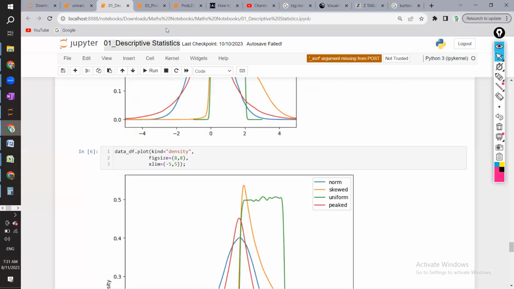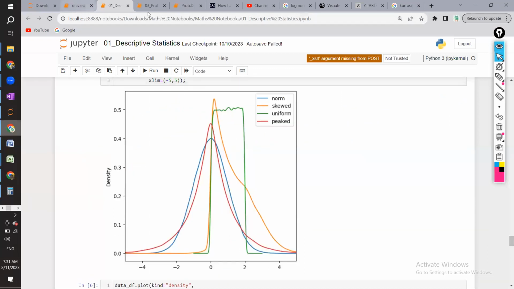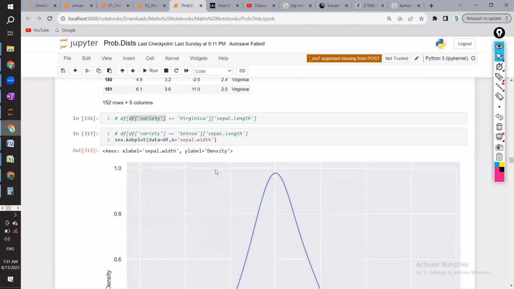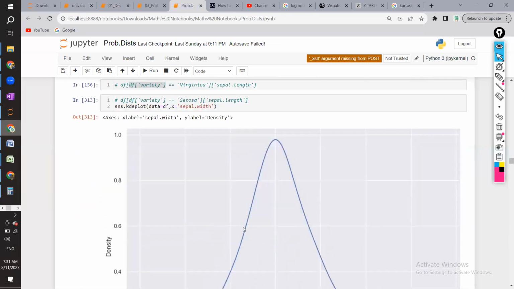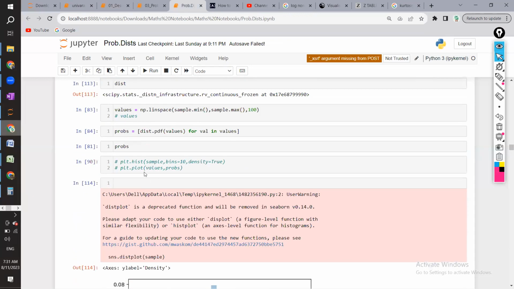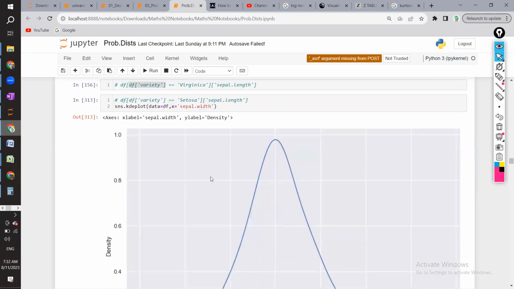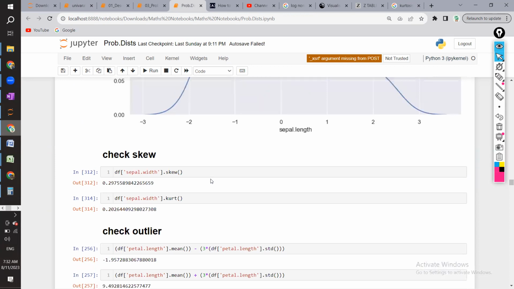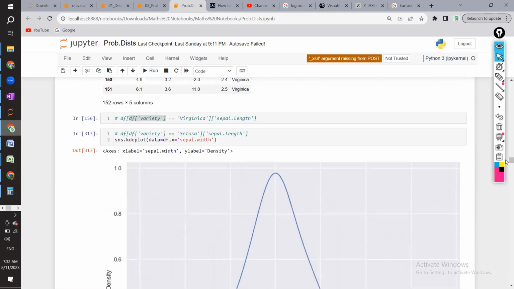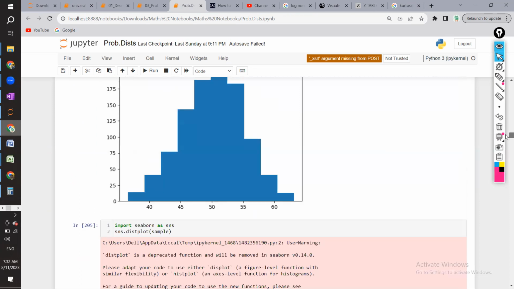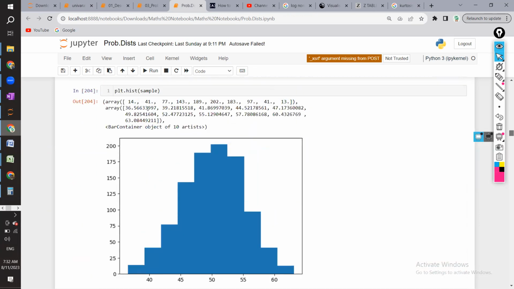For example, if you see just a KDE plot, or usual plots, sns.distplot will also give you a KDE plot, or you can directly plot the distributions. We have plotted so many distributions, right? During the histogram also, plt.hist, we have seen examples, right?